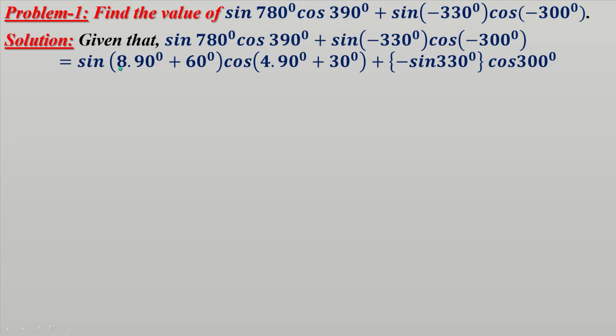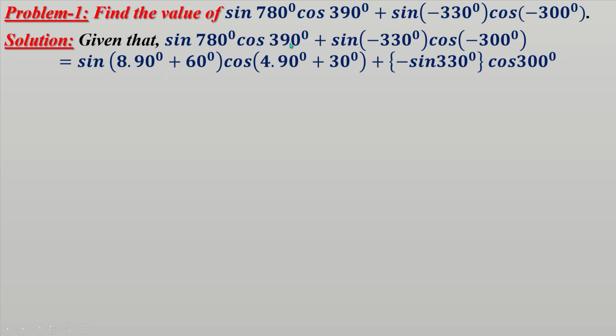Okay, 8 into 90 degree plus 60 degree, this equal to this, and 4 into 90 degree plus 30 degree, this equal to 390 degree. You can use a calculator. That means at first this divided by 90 degree and you will get 4 point something. Now multiplying point something by 90 degree, you will get 60 degree.